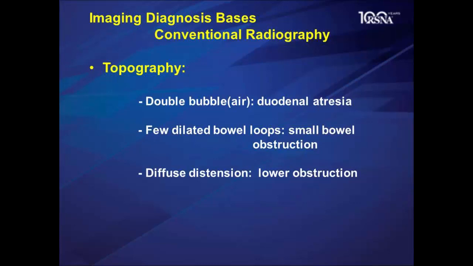If we have diffuse obstruction, we think of lower obstruction. It could be mechanical obstruction, meconium plugs. It could be Hirschsprung disease. It could be functional disease of the severely premature and low birth weight baby. The worst would be the classical case of anorectal malformation.